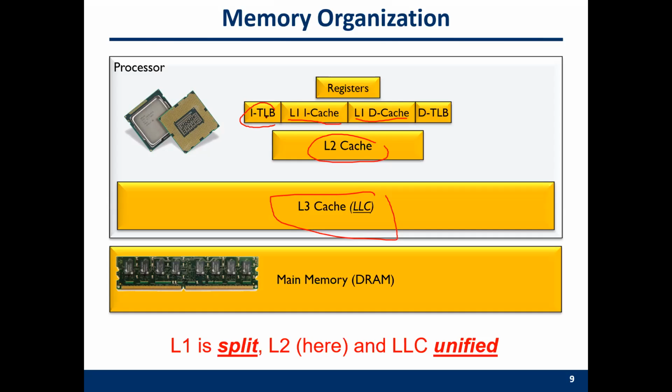The TLB is used to translate virtual addresses to physical addresses. I will introduce physical and virtual addresses in the following lectures. These are also separate, but these four are combined in the L2. This means the L2 cache can contain instructions, data, and even the translation between virtual and physical addresses. All of these can be put into the L2 cache and the L3 cache.